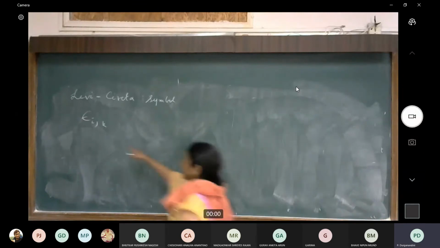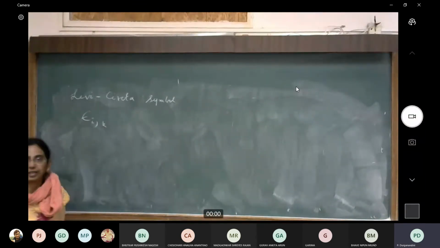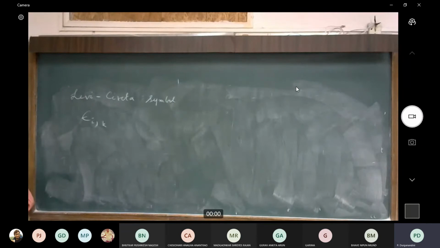It has 3 subscripts, i, j, k, and i can take values from 1, 2, 3. j can also take values from 1, 2, 3. So how many components are there for this object?